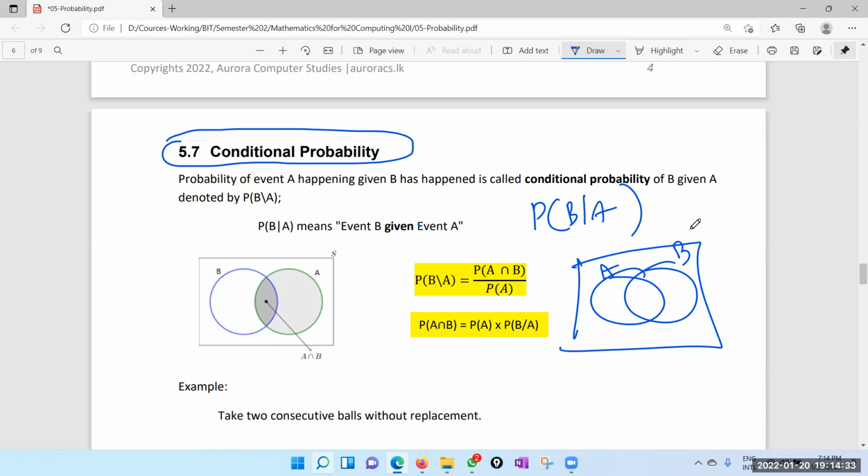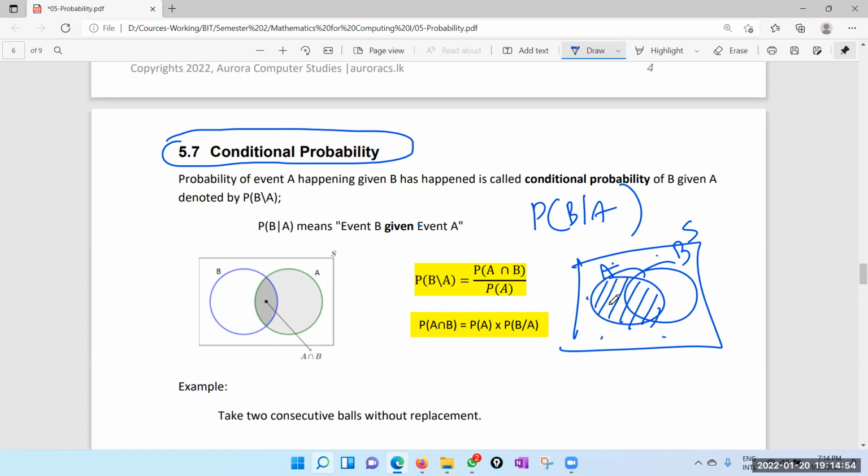A has happened means now usually our sample space is this one, but A has happened. So that means we can eliminate the possibility of A has not happened. So therefore now our new sample space is the elements in A, because A has happened. If A has happened, it can't be somewhere here.